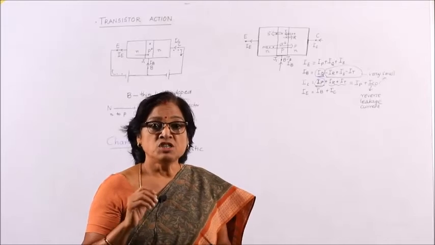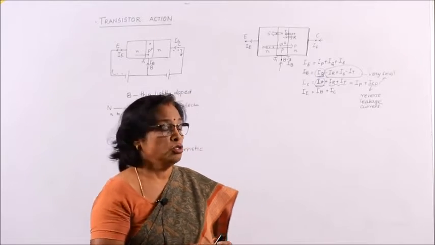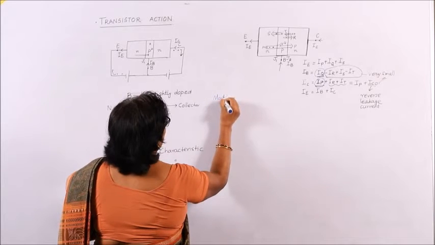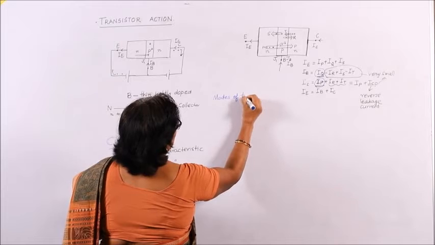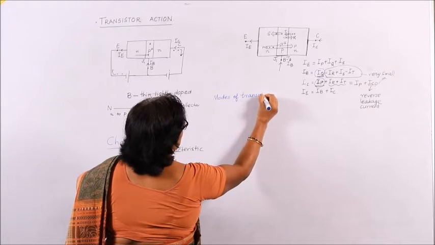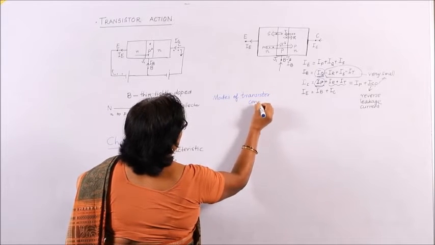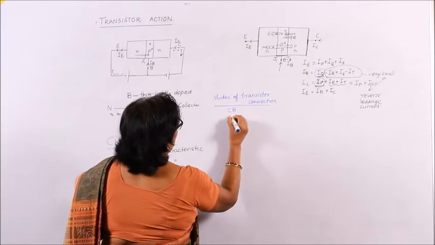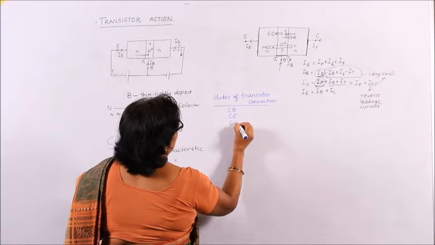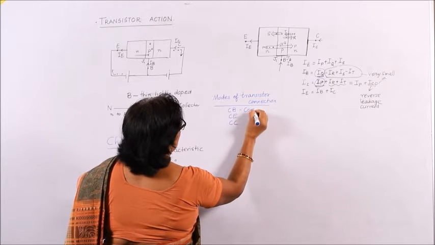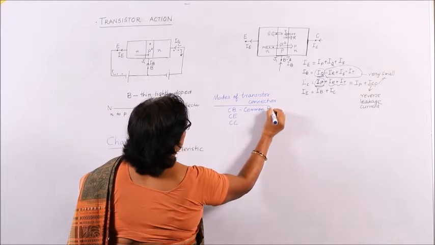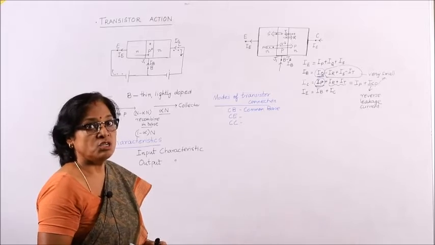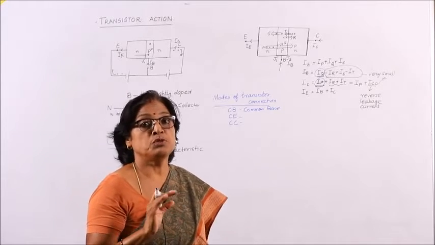Accordingly, a transistor can be used in 3 modes of connection: common base, common emitter and common collector, according as which terminal is common to both input and output.